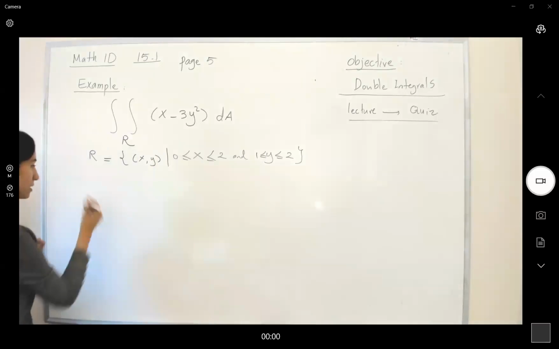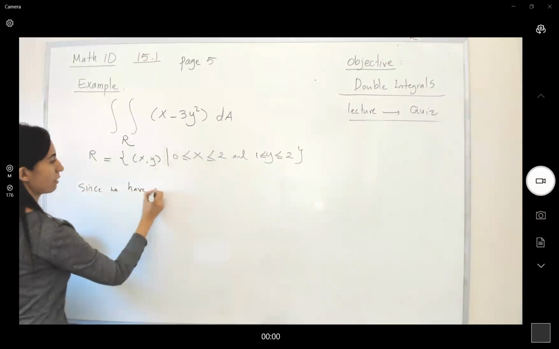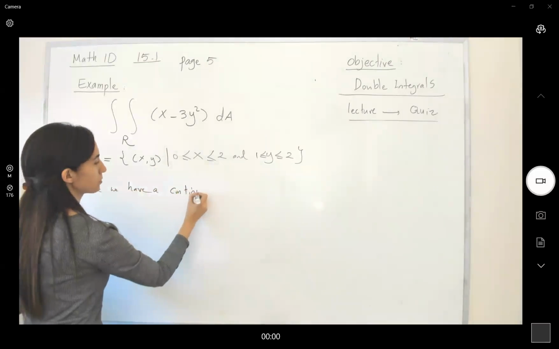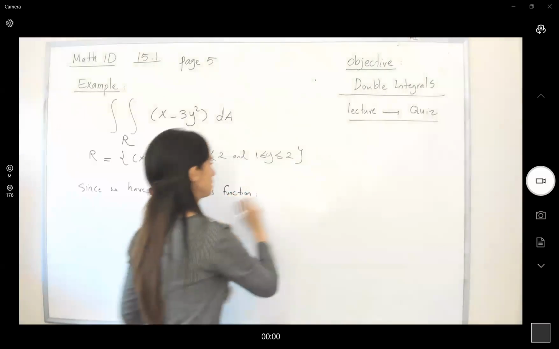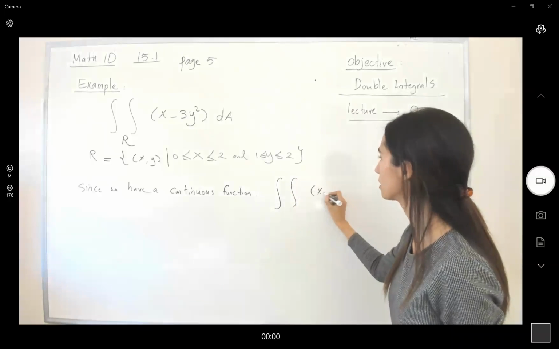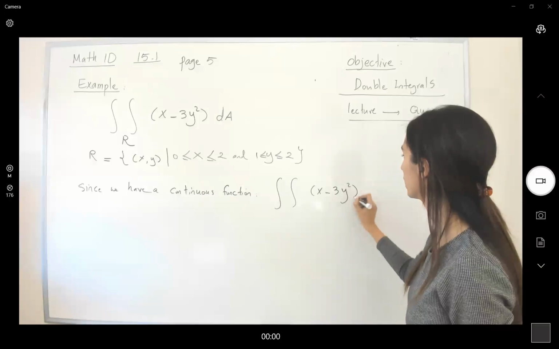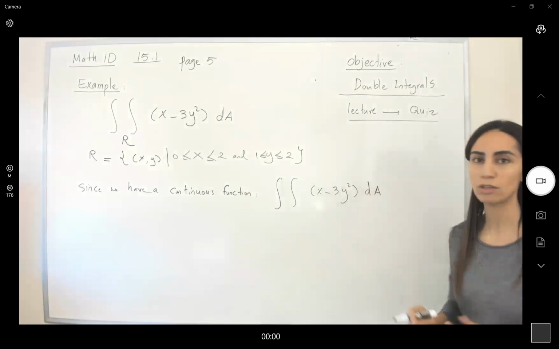So you say that since we have a continuous function, the double integral of x minus 3y squared dA can be calculated two ways.